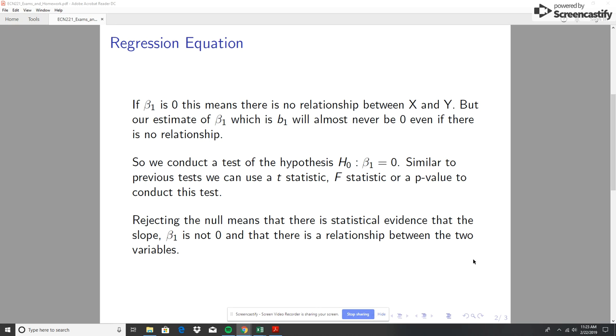If we reject the null, so we have a large t statistic, or if it's negative, a very large negative value, or a large f statistic, or a small p-value, then we're going to end up rejecting the null, and that means there is statistical evidence that the slope is not 0. But if we wind up with a large p-value or a small t statistic, it suggests that there is no relationship.